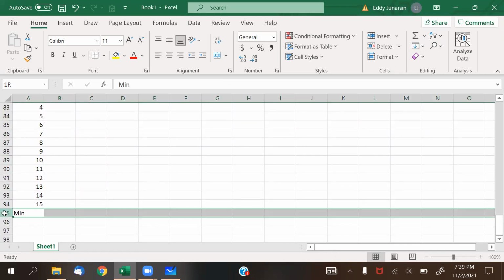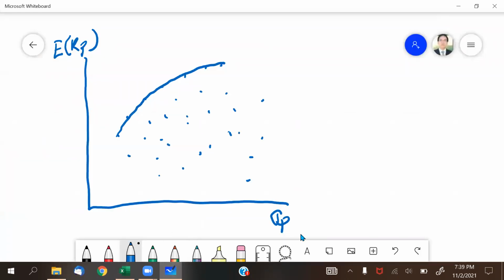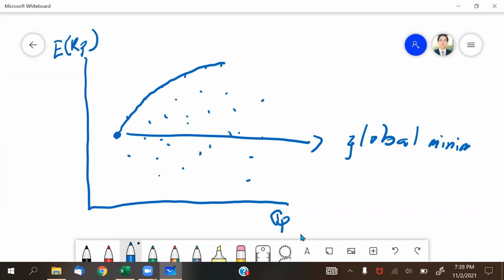Do you still remember what we call it here? This is the global minimum variance portfolio.